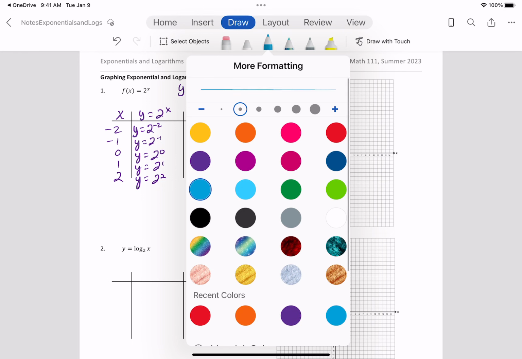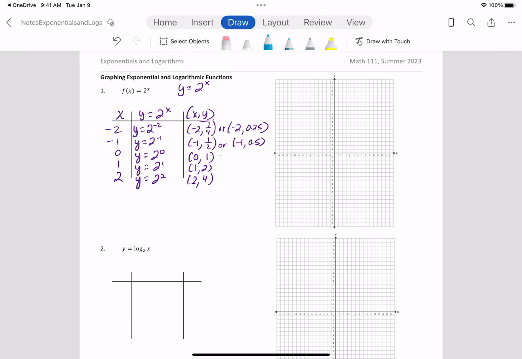So what I generally do with these last 3 are what I call nicer numbers. I generally graph those first to try and get an idea of the shape of my graph. So I've got 0, 1. Then we have 1, 2.